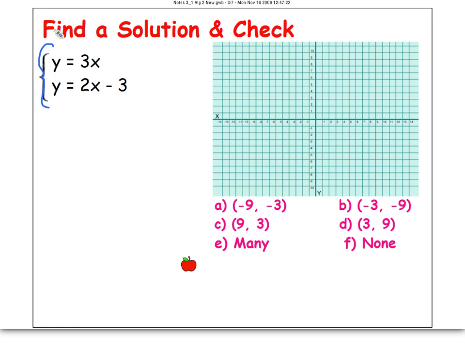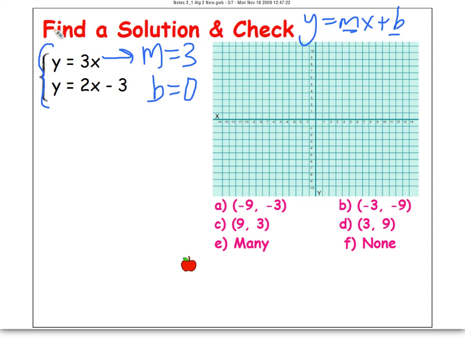So let's look at this first equation, and remember it's already solved for y, so let's look at it as y equals mx plus b, and read the slope and the y-intercept. In this case, the slope is the number in front of the x, which is 3. There is no number added, which means the y-intercept is 0. So to graph it, I'm going to go to 0, 0 and plot the y-intercept.